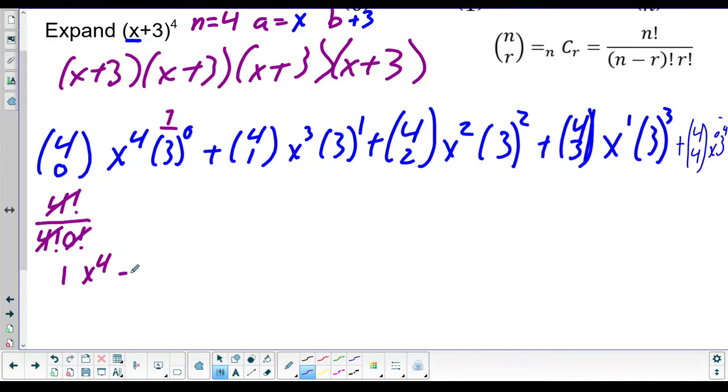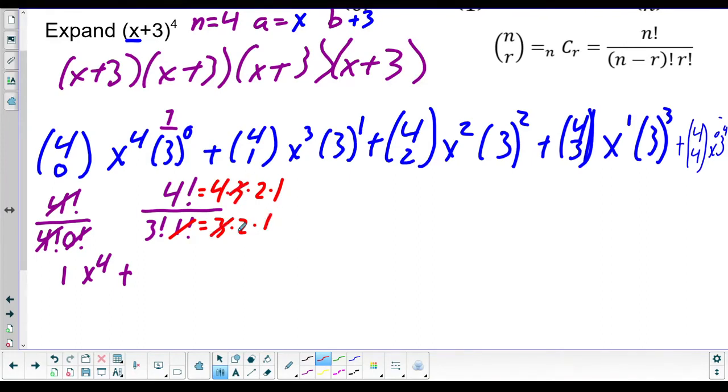Sweet. All right. Now we're going to look at this one. So we're going to have 4 choose 1. So this is going to be 4 factorial over 4 minus 1 is 3 factorial times 1 factorial. All right. So 1 factorial is 1. Again, that's not important. It goes away. 4 factorial is 4 times 3 times 2 times 1. 3 factorial is 3 times 2 times 1.